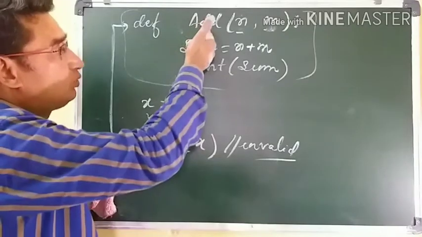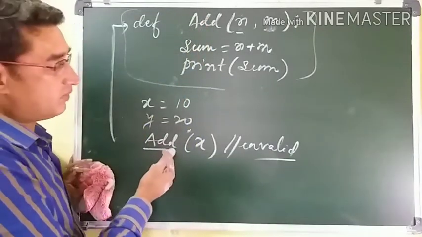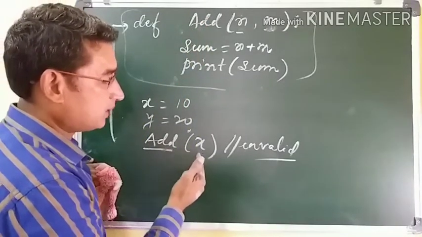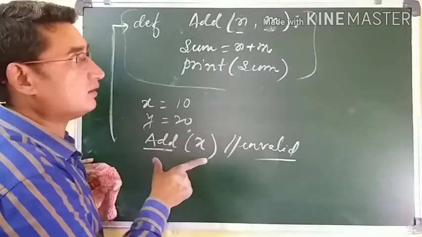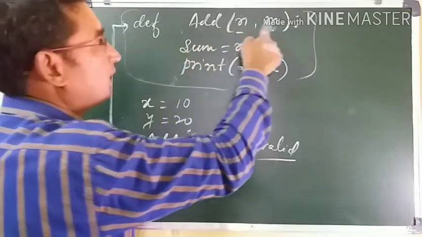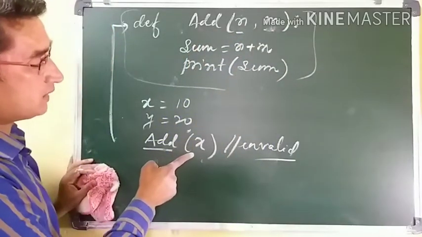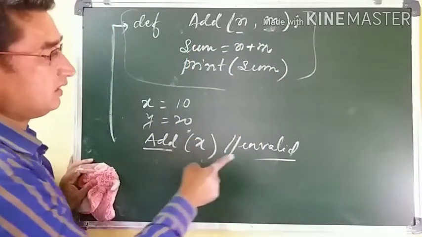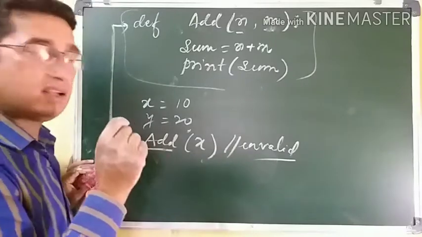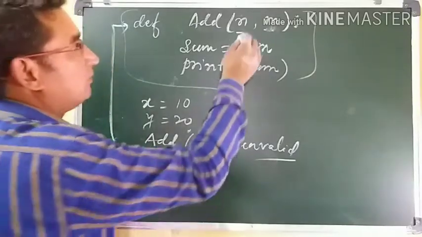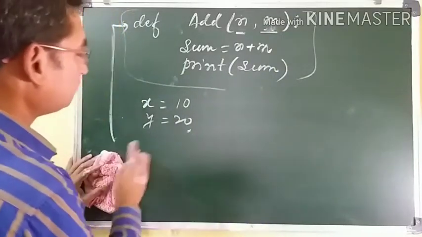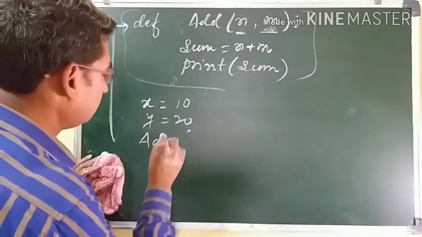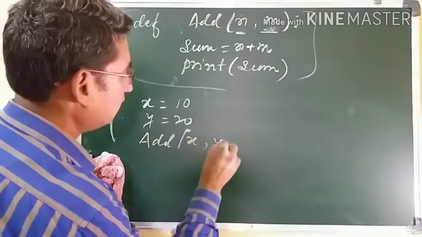Whenever you call this function you have to pass two actual parameters. If you pass one parameter, you will get an error. The number of parameters is defined in the function, and while calling it you have to provide that number of values.